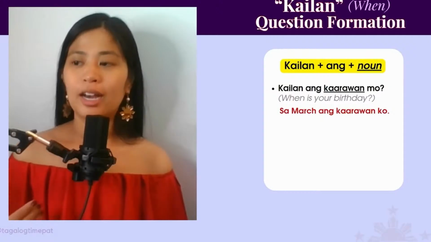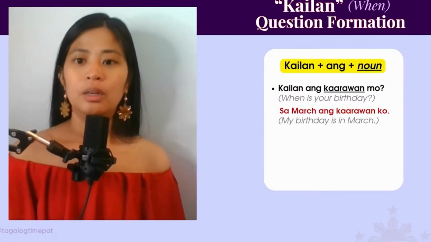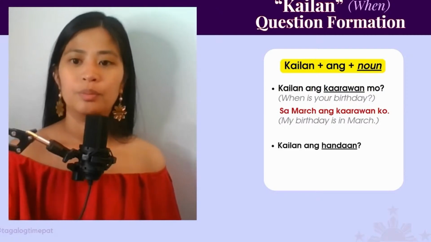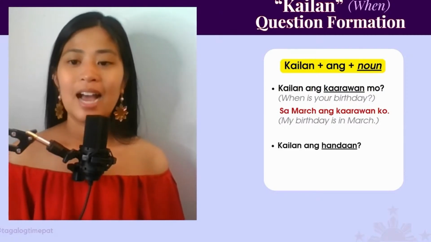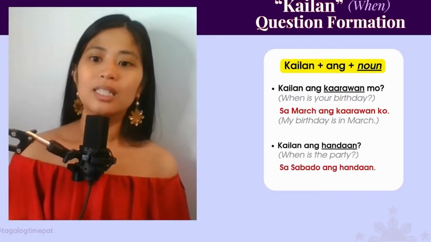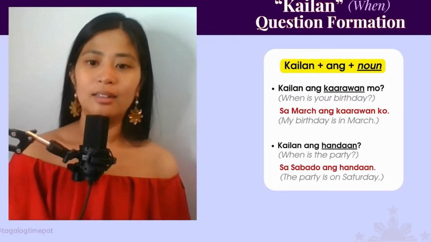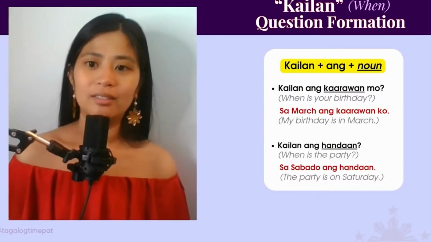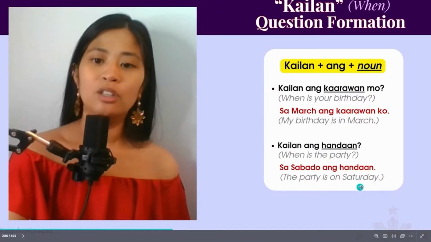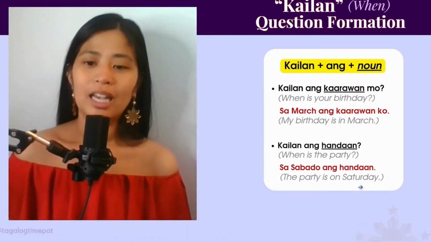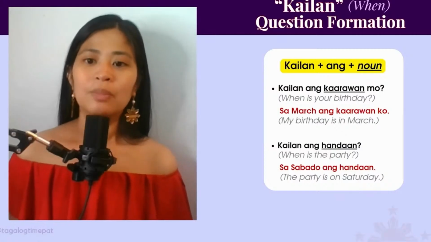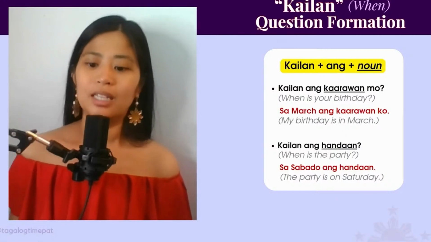Sa March ang kaarawan ko. My birthday is in March. Sa March ang kaarawan ko. Kailan ang handaan? When is the gathering? When is the party? Sa Sabado ang handaan. The party is on Saturday. And again, you don't have to add this part at the end. You could just say sa Sabado. But the longer response, sa Sabado ang handaan.